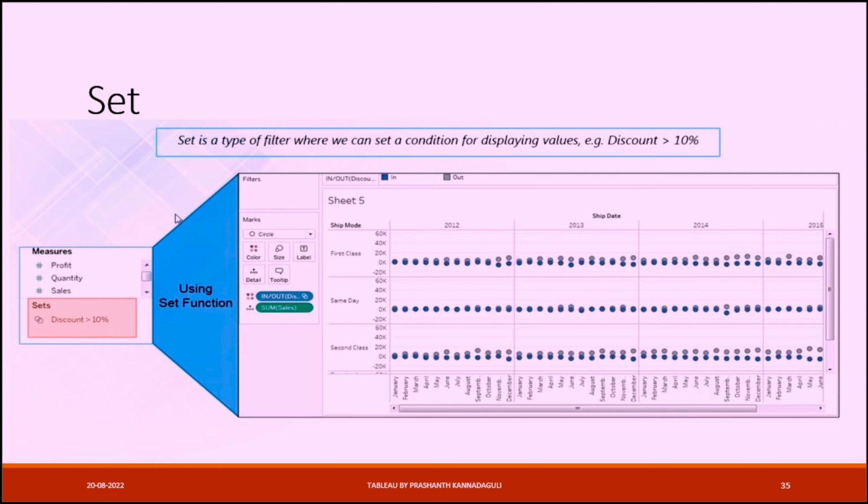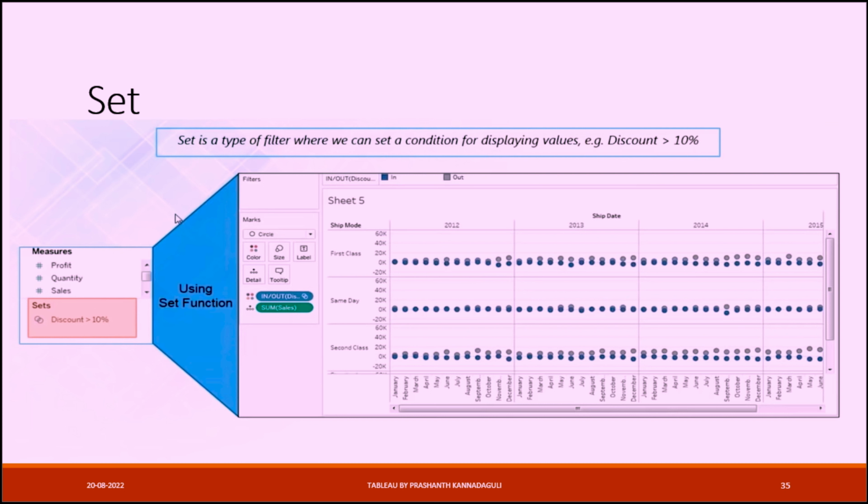Other parameters could be first class, same day, second class, year-wise 2012, 13. Many other parameters are there, according to the given data. Don't worry about that. So these many values have satisfied this condition, and that's why they are being plotted.